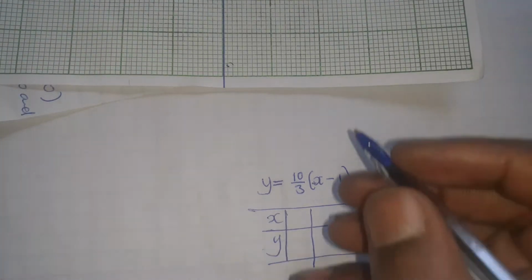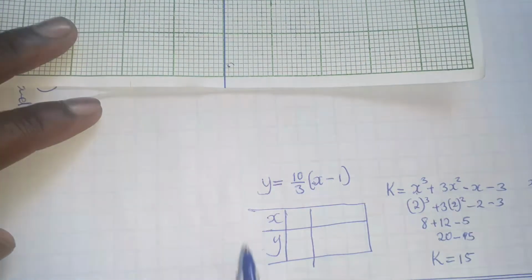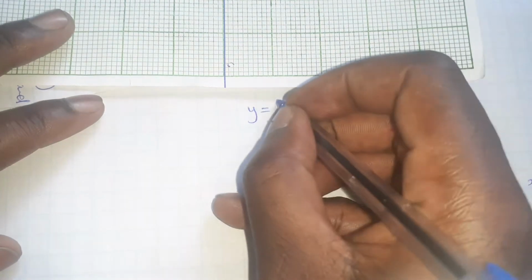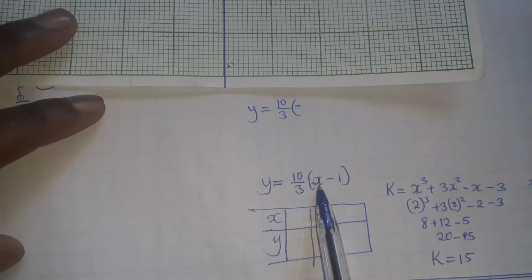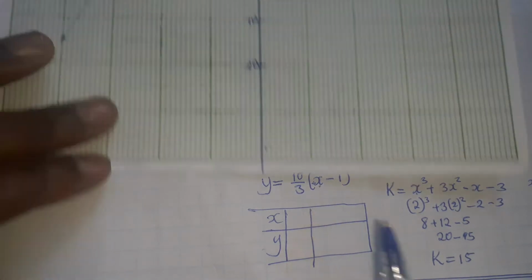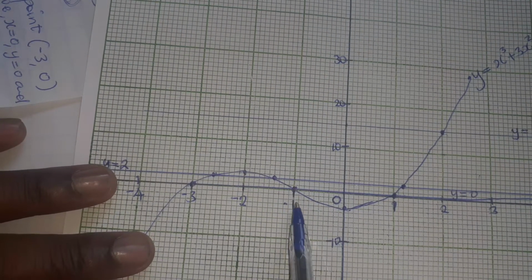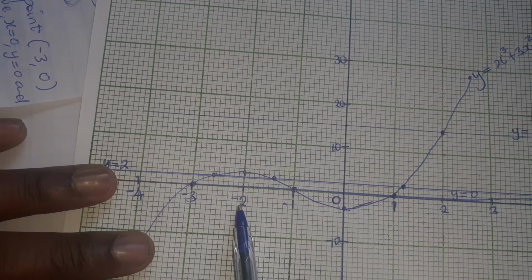Let's try that. You see, so we are going to get y is equal to 10 over 3. If we put -2 where there is x here, I'm talking about this -2 here.